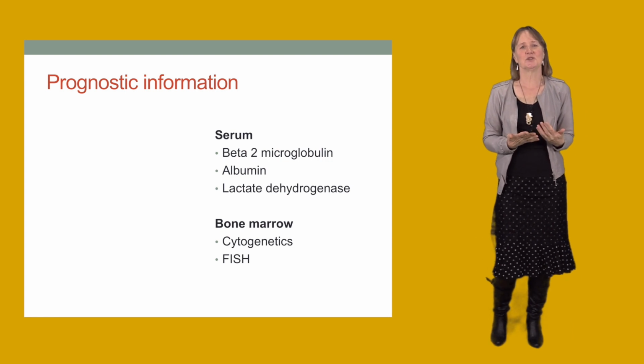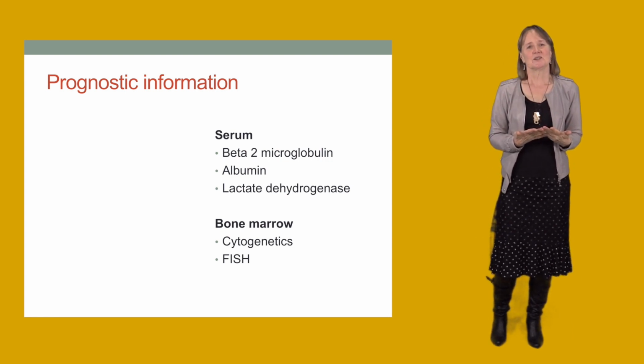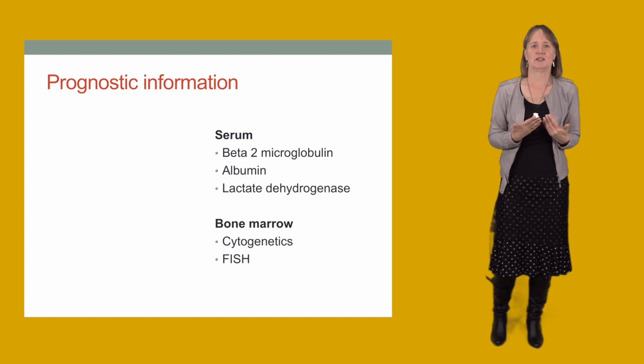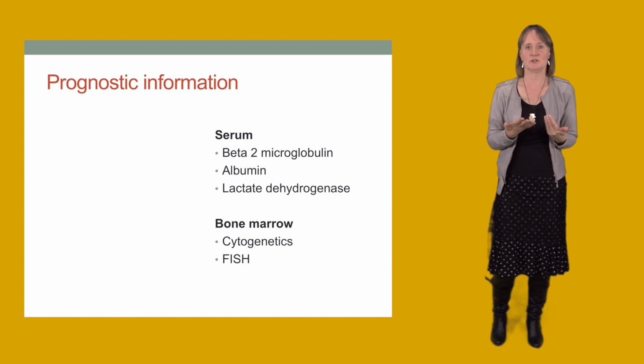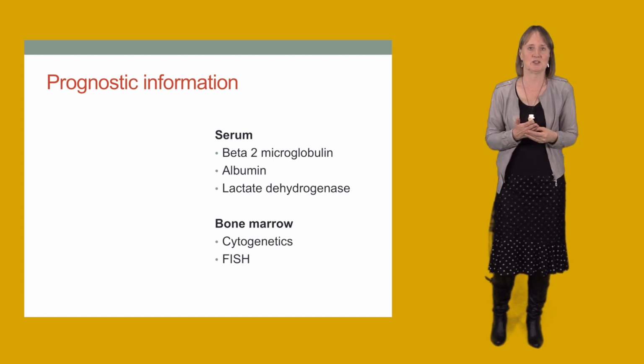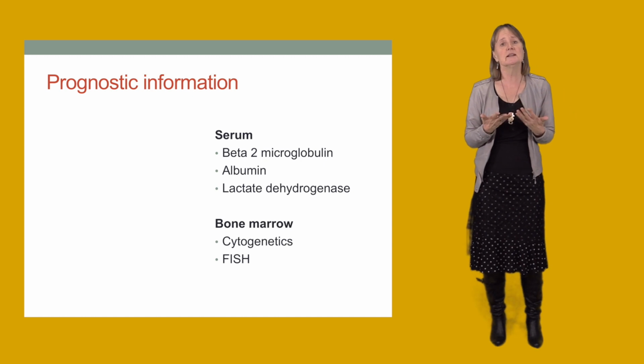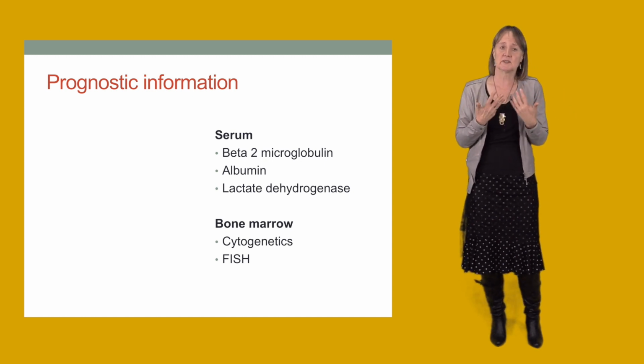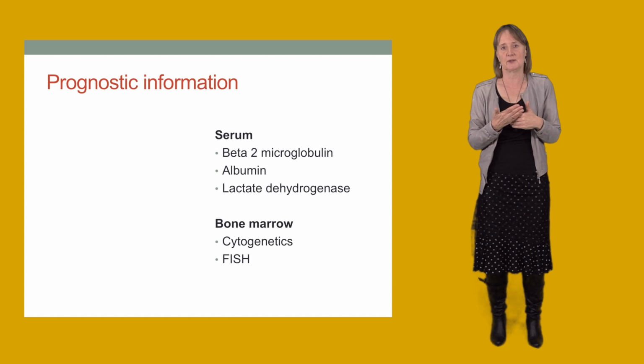As with many of the hematological malignancies, it's general practice to gather some information that will give us a clue as to how the condition is going to progress for this individual patient, some prognostic information. And at the current time, the things that we look for are some serum factors and some bone marrow factors.